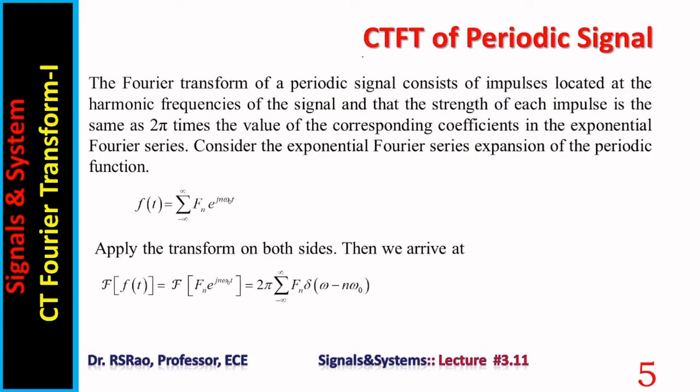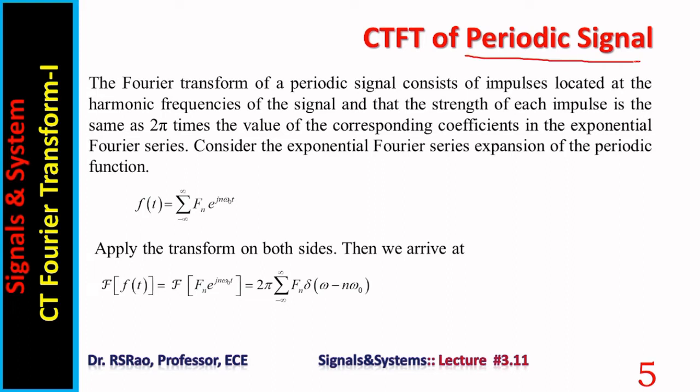To move further, it has been mentioned in the beginning that Fourier transforms are meant for non-periodic signals. But one can see after moving a little bit deeper into the theory of Fourier transforms that the Fourier transform can be found even for periodic signals with the help of Dirac delta function or impulse function.